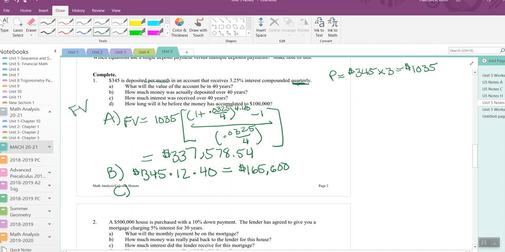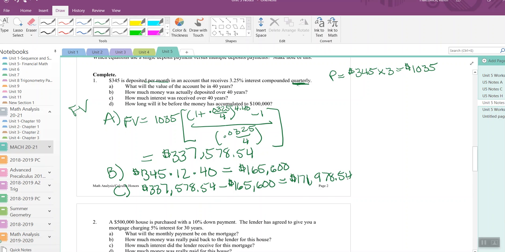The interest is the difference. So you take the $337,578.54 and subtract 165,600, and that'll give you the interest, which in this case is $171,978.54. That is the interest.